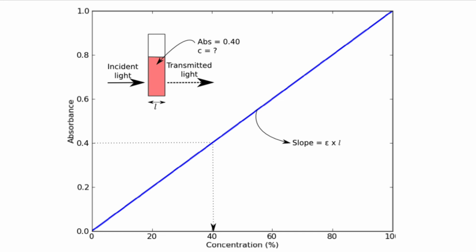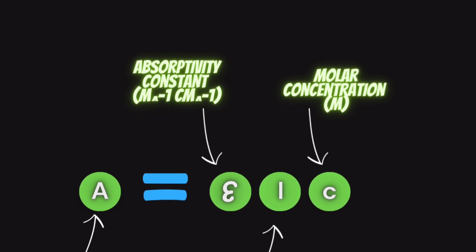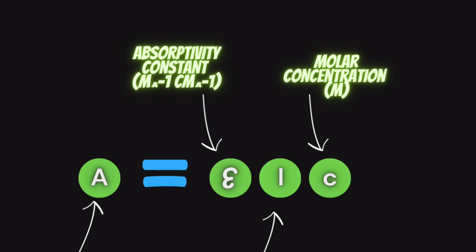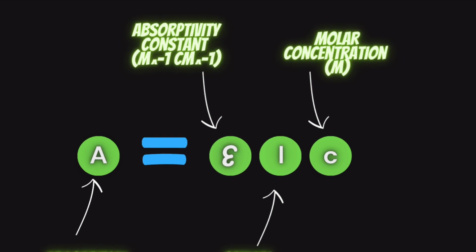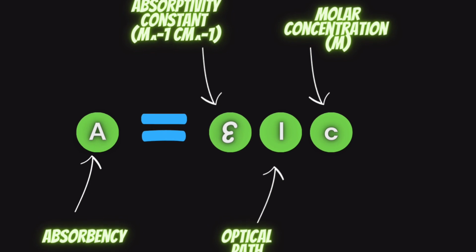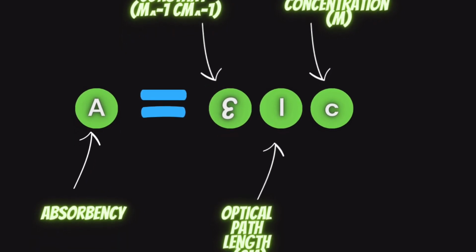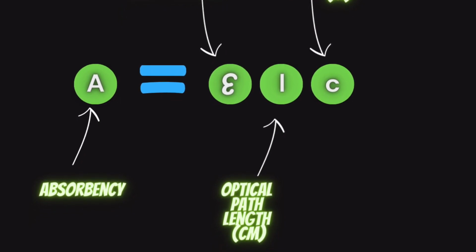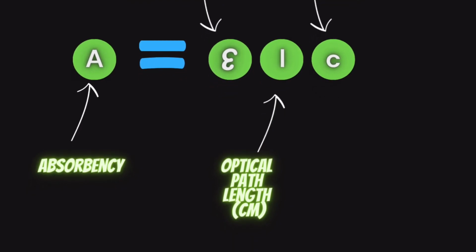Beer's law is an equation that follows this linear relationship, so it can be comparable to y equals mx plus b. This equation is A, or absorbency as found by the spectrophotometer, set equal to epsilon times L times C. Epsilon is the molar absorptivity constant, which can be found using logarithmic functions, but is usually simplified with L, which represents the length of the sample or cuvette.